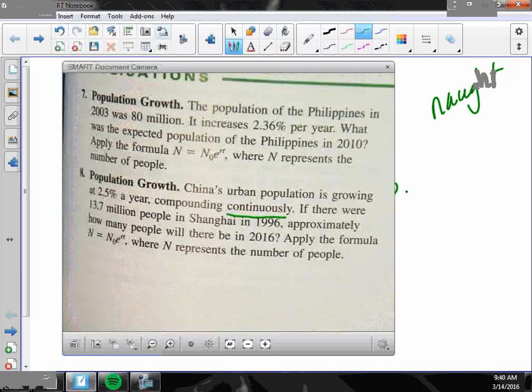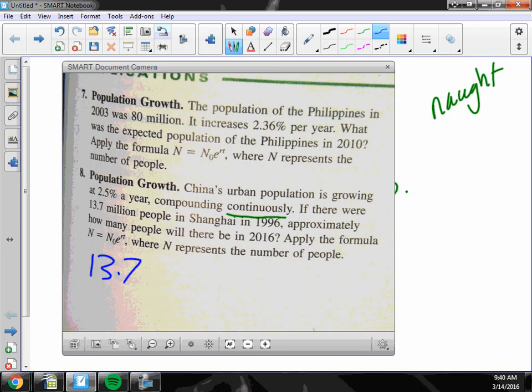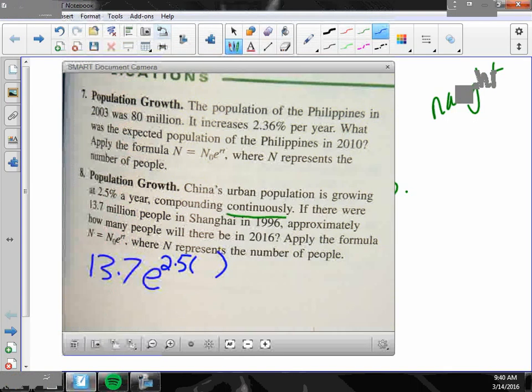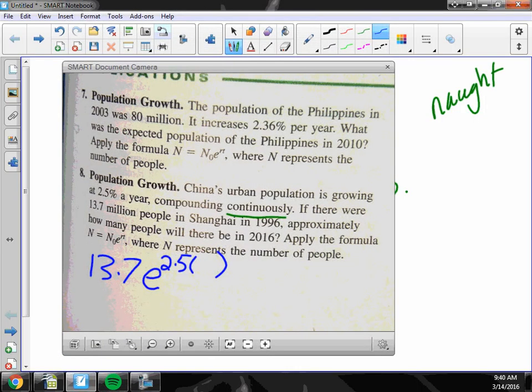Apply the formula N equals N naught e to the rt, where N represents the number of people. We're going to type in 13.7 e to the 2.5 times, how many years are we looking at? Don't plug in 2016. 20 years. The difference between 2016 and 1996 is 20.